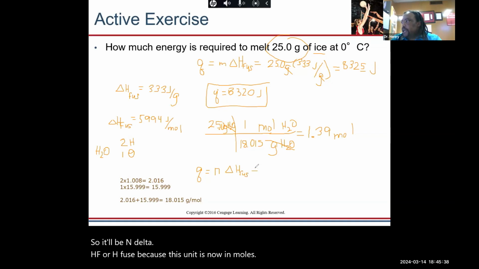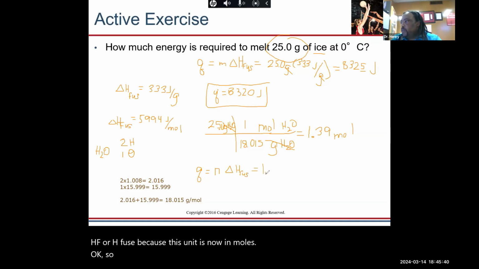Okay, so then we'll have 1.39 moles of water times 5,994 joules per mole.